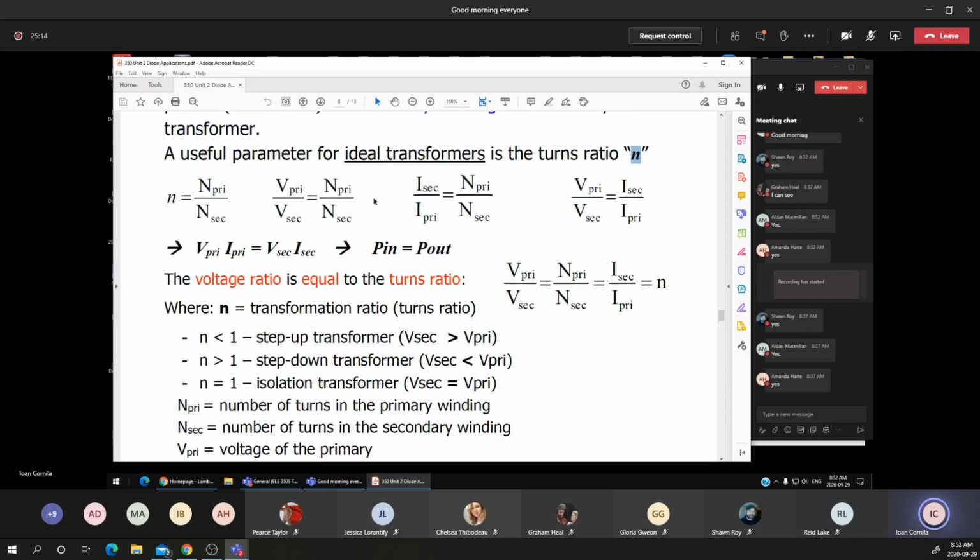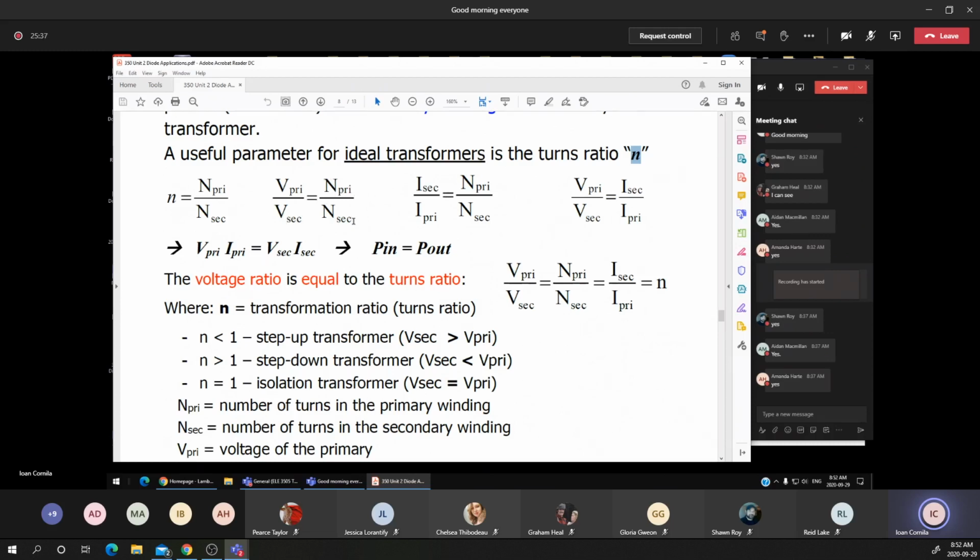Always, the number of turns in the primary winding is directly proportional to the voltage applied to it. This means that I can make the ratio of the two voltages, the voltage in the primary winding over the voltage in the secondary winding, equal to the number of turns in the primary winding over the secondary winding.